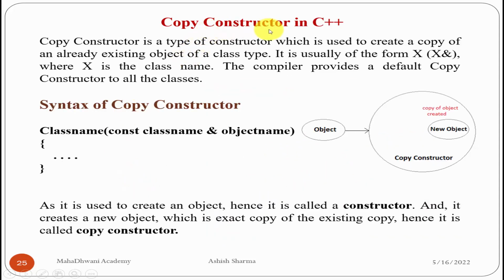Come to the copy constructor. Copy constructor is a wonderful concept. Why? Because a copy constructor is used to create a copy of an already existing object of the class type. What is the meaning of this?